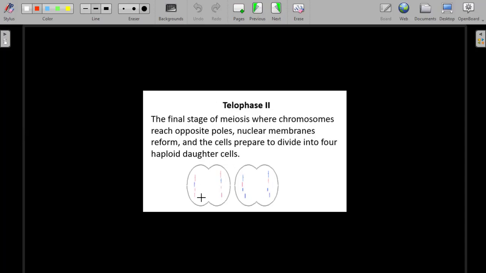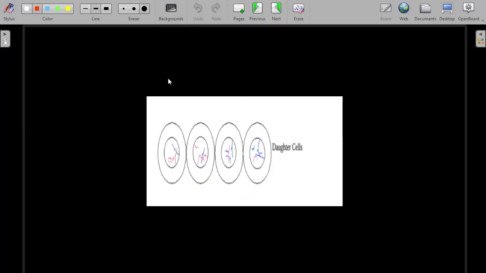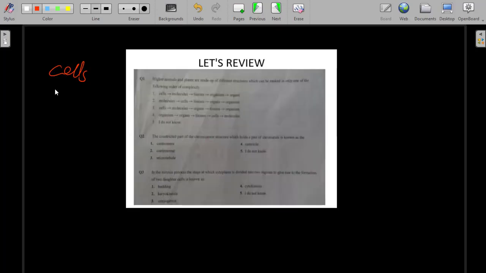So from the two, you get four daughter cells which are formed towards the end of your meiosis. So that's what we have on cell division, on meiosis and mitosis.